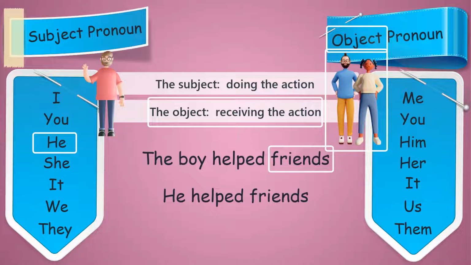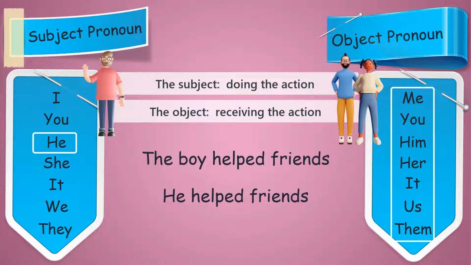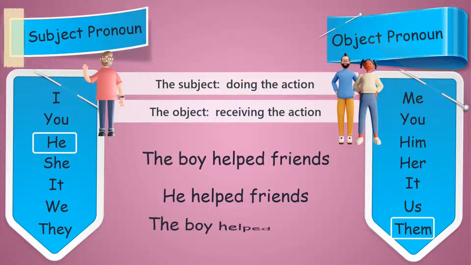To replace friends with a pronoun, choose the best word from the list of object pronouns. The boy helped them. Once you have identified the objective noun, you will know which word can be replaced by an appropriate object pronoun.